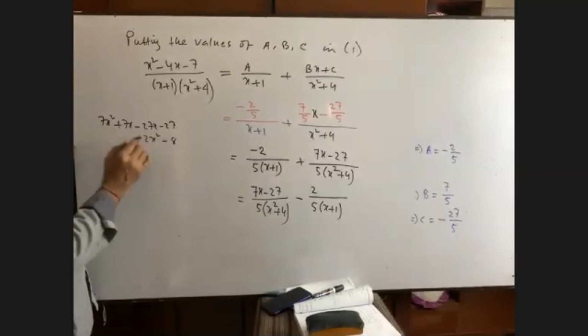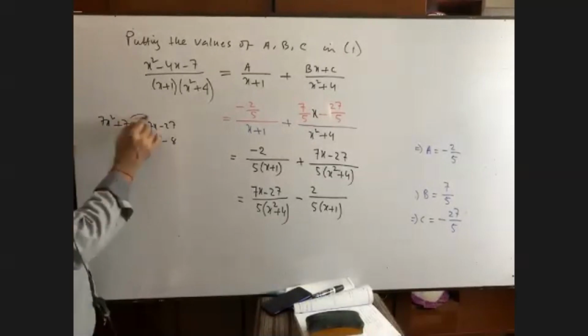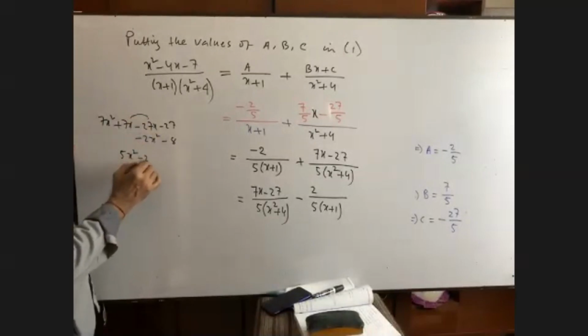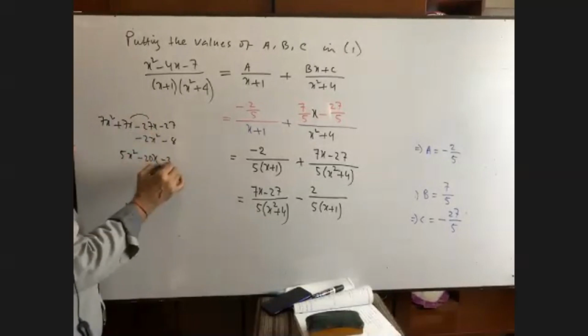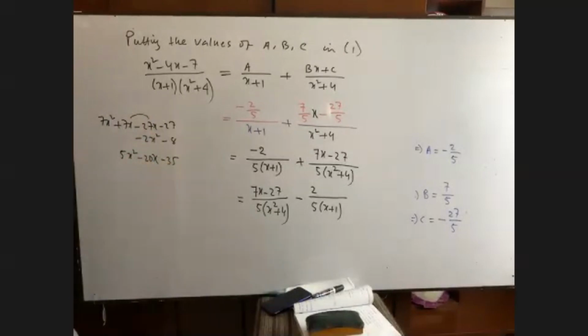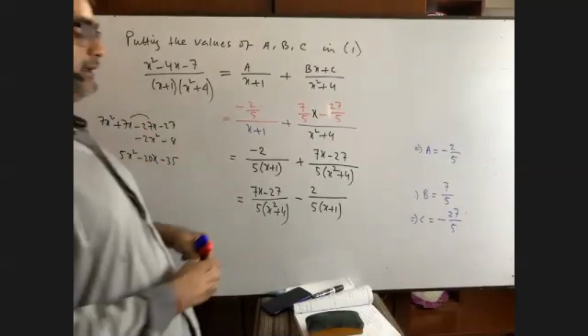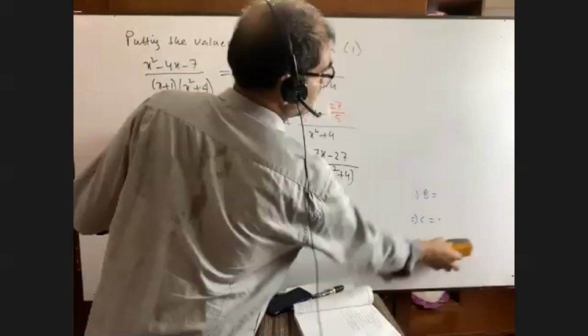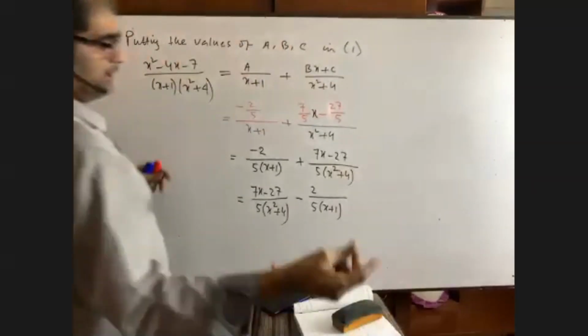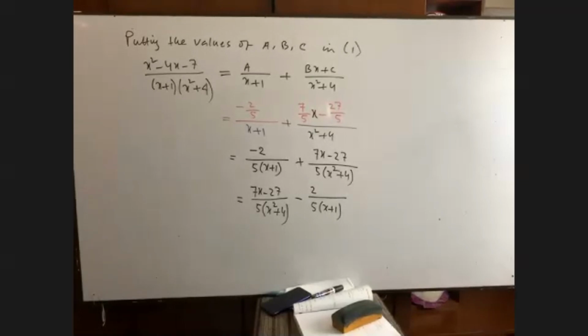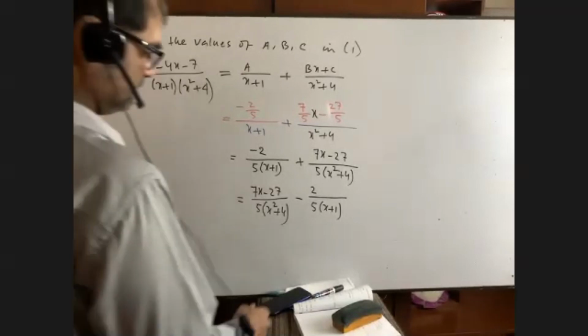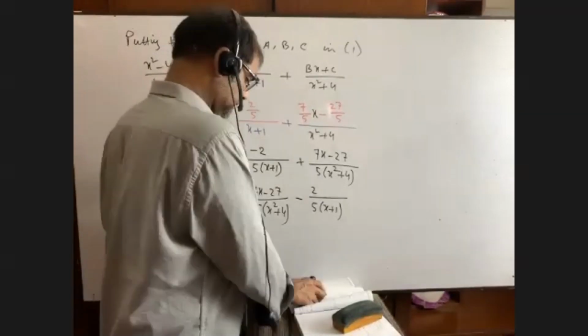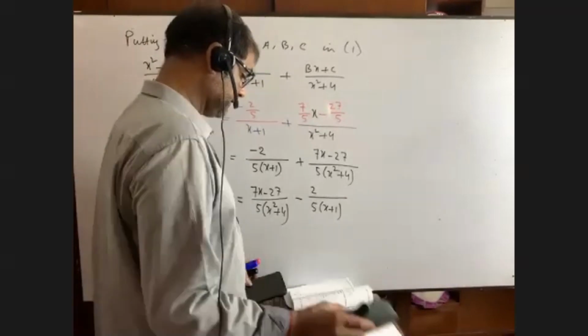So we are getting 7x² minus 2x², that is 5x², minus 20x, then minus 35. No, we are right. Our math is done. We are absolutely right. We don't have any mistake. I have verified. Now please let me know if you have failed to understand. Okay, you have got it.